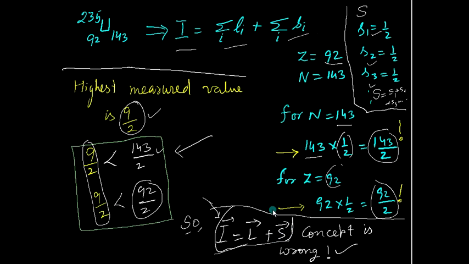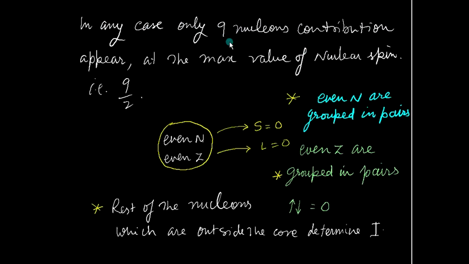No, this is not wrong. Actually, the maximum value of the nuclear spin is 9/2. It means that only 9 nucleons are contributing to the nuclear spin, as I told.